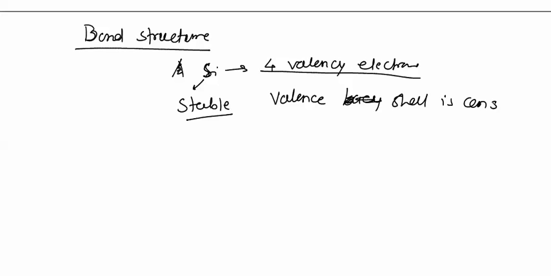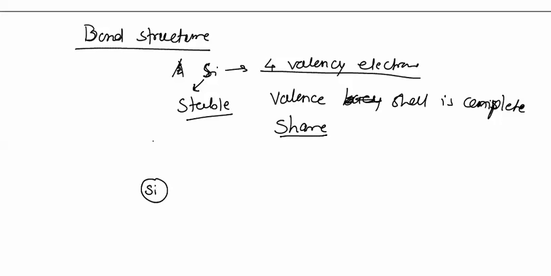If for any atom its valency shell is complete, we can say that this atom is stable. And in the material, every silicon atom will try to acquire stability, and for this each silicon atom will share its 4 valence electrons with 4 other adjacent silicon atoms, and a bond structure will form which will look like this.